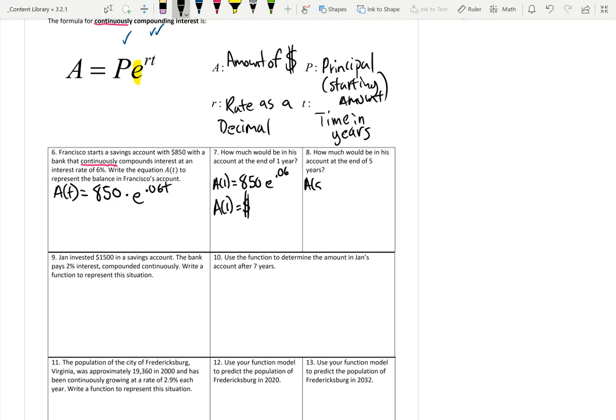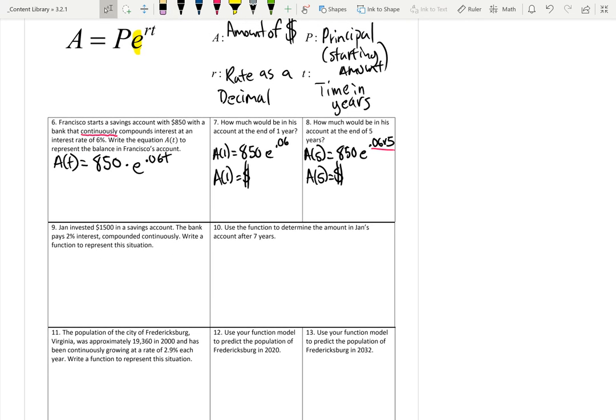Likewise, for 5 years, I would use 850 e to the 0.06 times 5. Now, I'm going to go ahead and just plug this into my calculator. I could simplify this piece, but I'll just let it do all the work. I'm going to get an amount of money for A of 5, which I will write here.